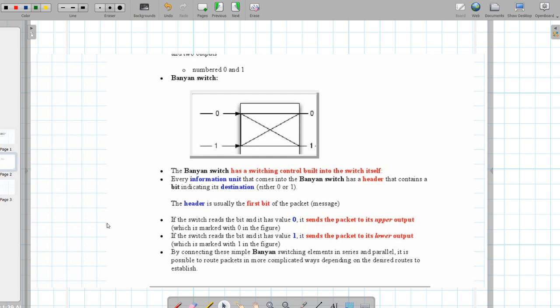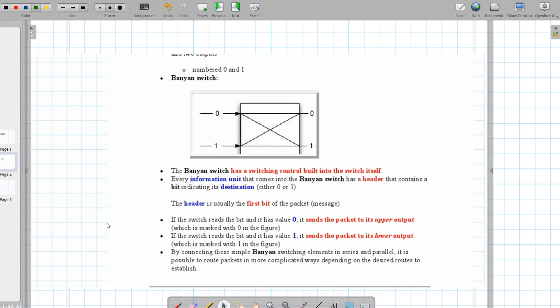Now a question might arise: how is the information which arrives into the switch routed to two different outputs? That means you must have a way to route output either towards the output port marked with 0 or to the output port marked with 1.